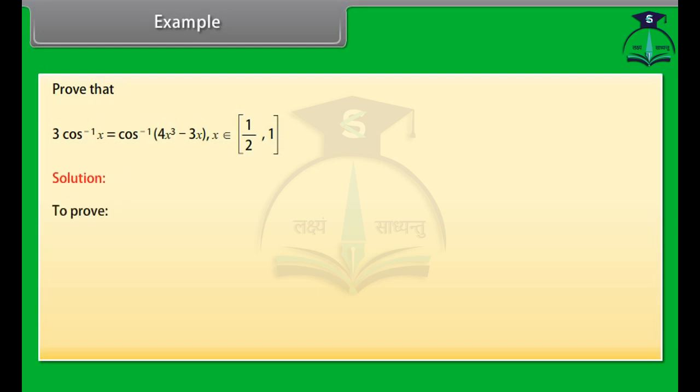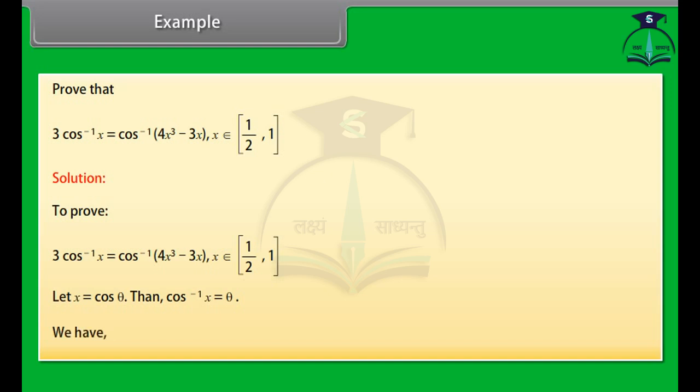Solution. To prove 3 cos inverse x is equal to cos inverse 4x cube minus 3x, x belongs to 1 by 2, 1. Let x is equal to cos theta, then cos inverse x is equal to theta.